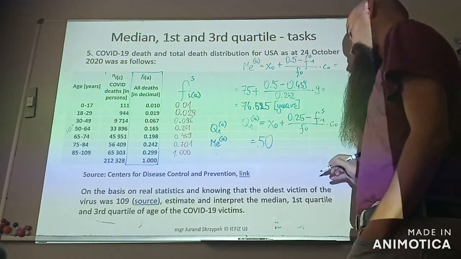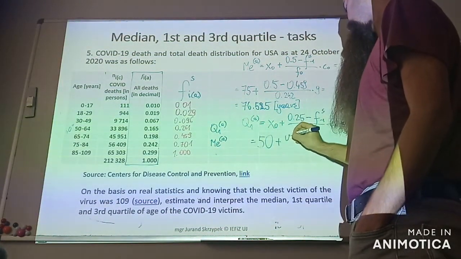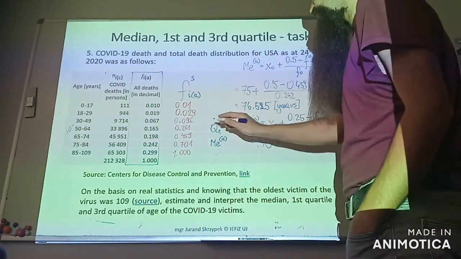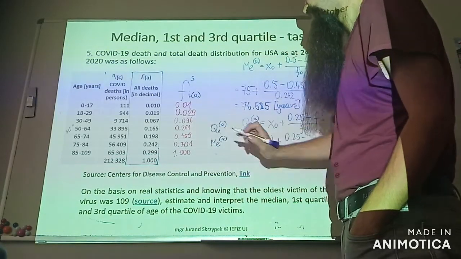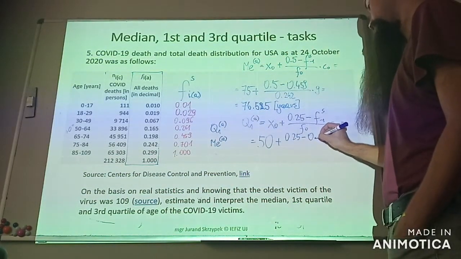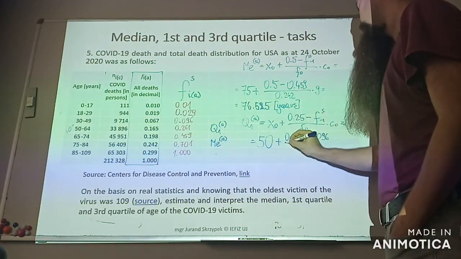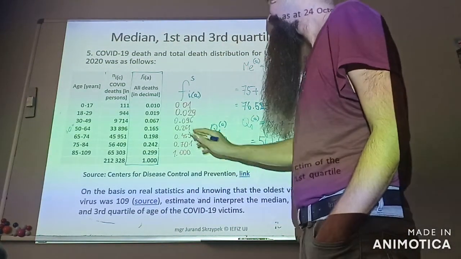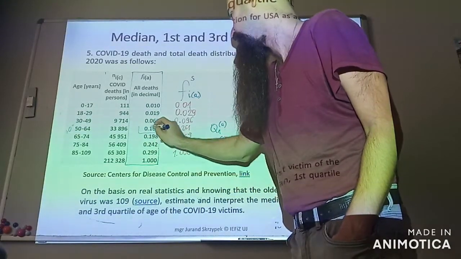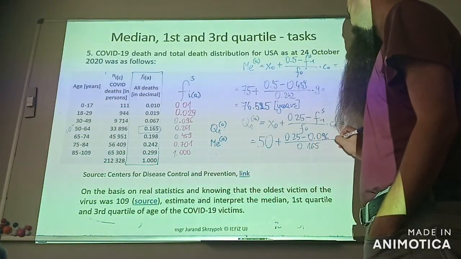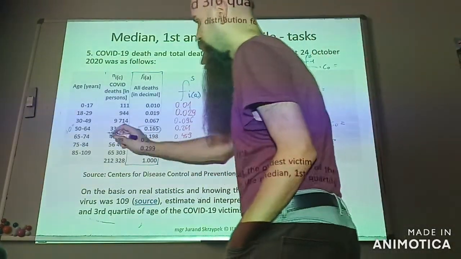This is 50 plus 0.25 minus the cumulative frequency from the previous class, 0.096, divided by f0. f0 is 0.165 multiplied by the range of that class.